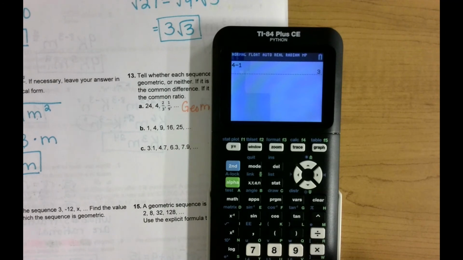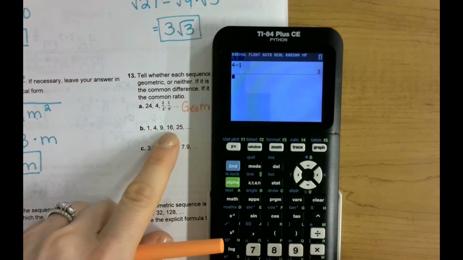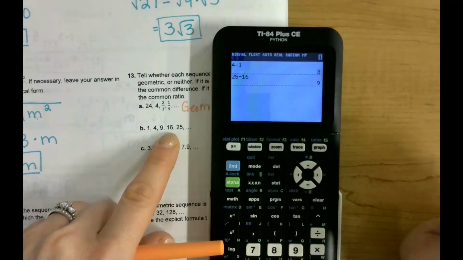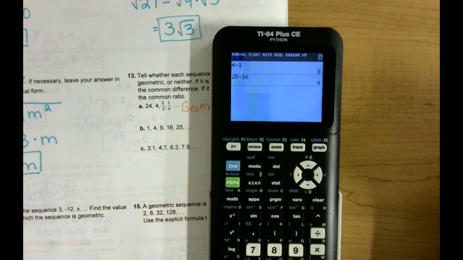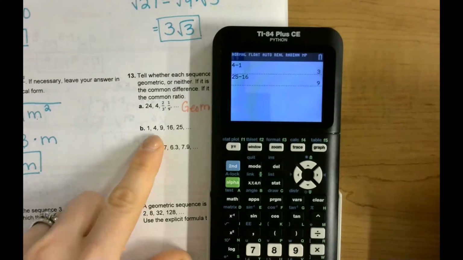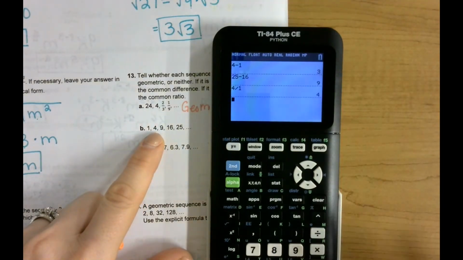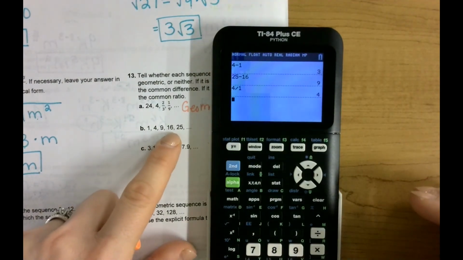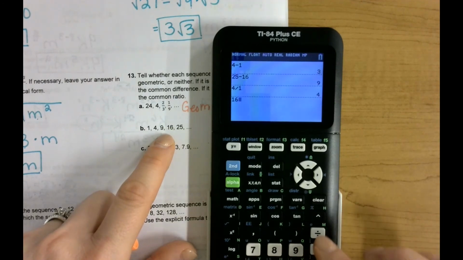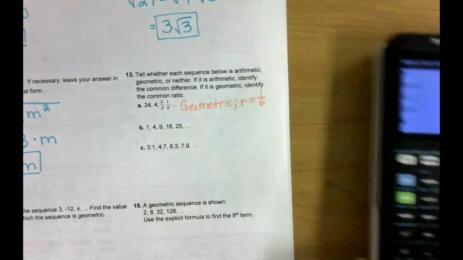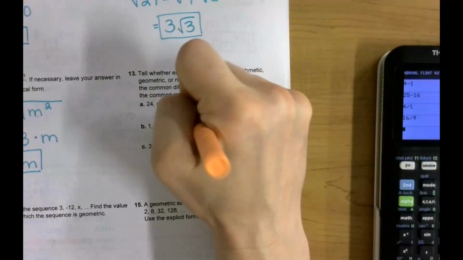Then choose two other consecutive terms, so 25 and 16. 25 minus 16, 9. That is not a common difference. Let's just make sure it's not geometric, so we would divide 4 divided by 1, and then take another two consecutive terms, 16 divided by 9. That is not a common ratio, therefore this one is neither.